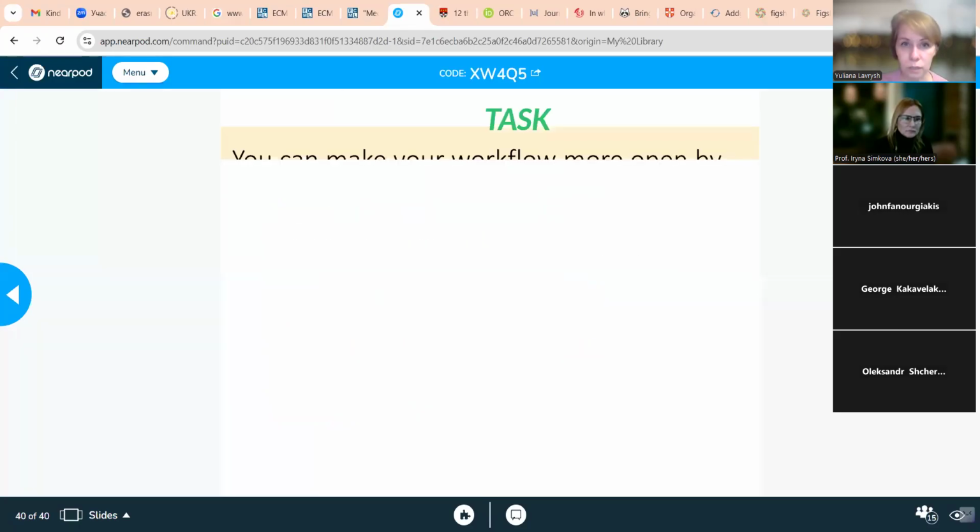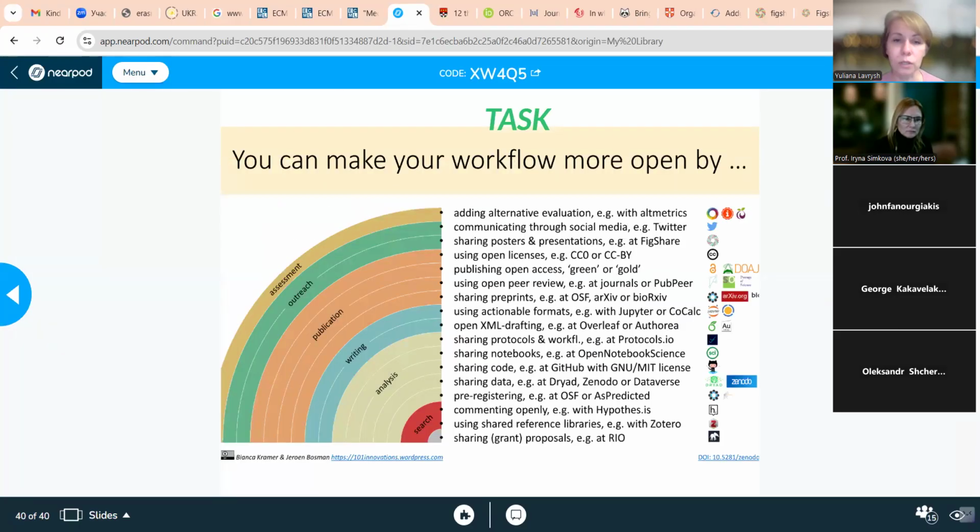And in the Moodle course, you will have to perform the task about open science. Here is an example of what you should do. You should write how you can make your workflow more open. Here you can see some points. So this is an example for you.